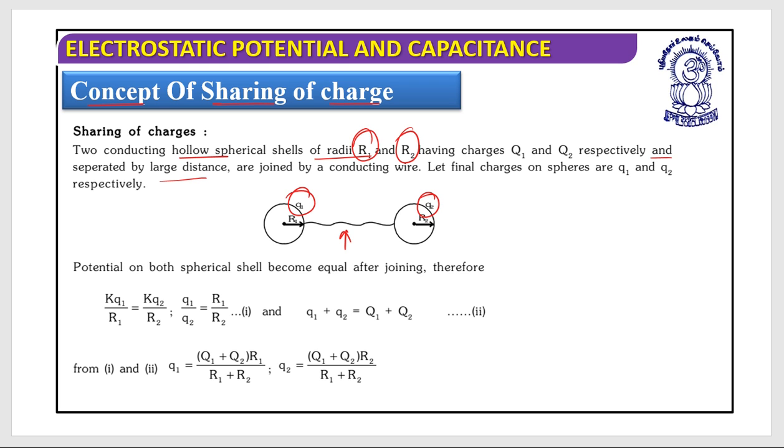One very important thing is, when you connect two spheres with a wire, they are going to share their charges, but up to what situation will the flow of charges continue?